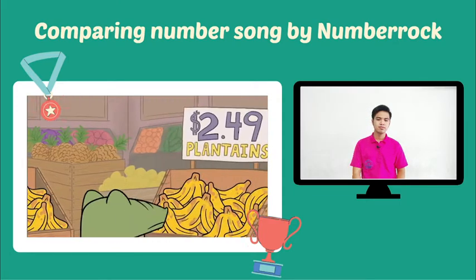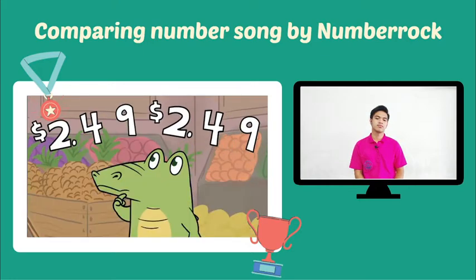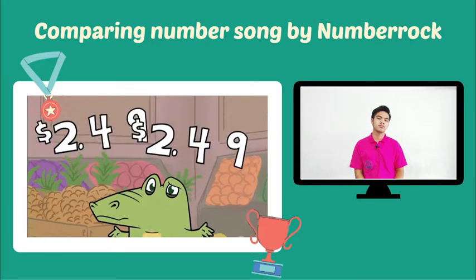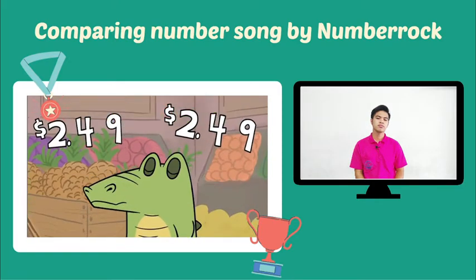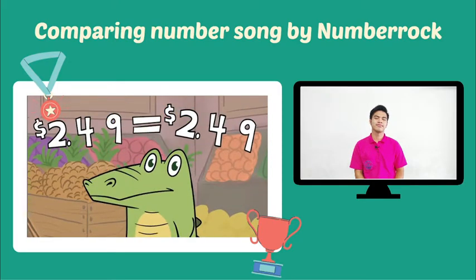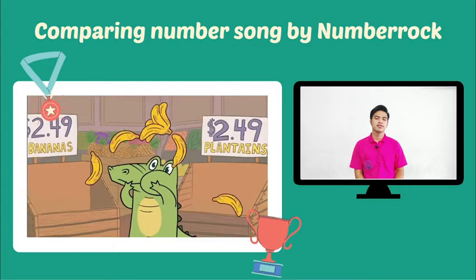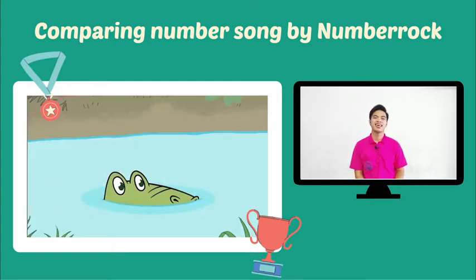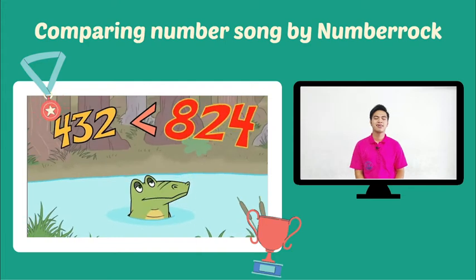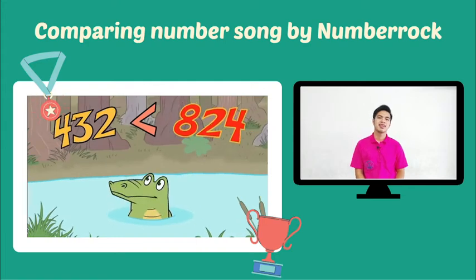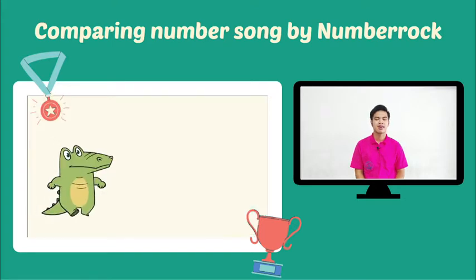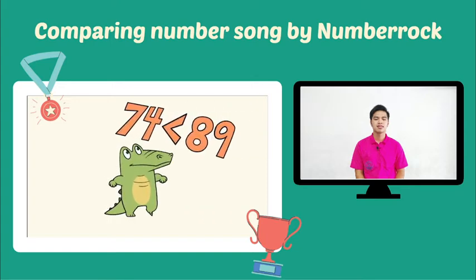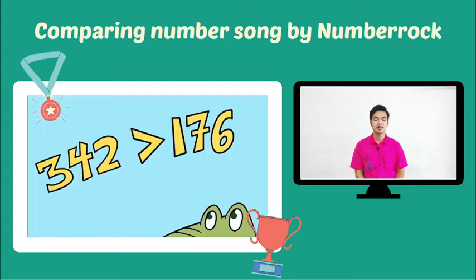Now the numbers are the same on both sides. The gator wants to eat, but he can't decide. Neither is greater or less, it's a perfect tie. So the alligator writes an equal sign. The hungry alligator eats the number that's greater.